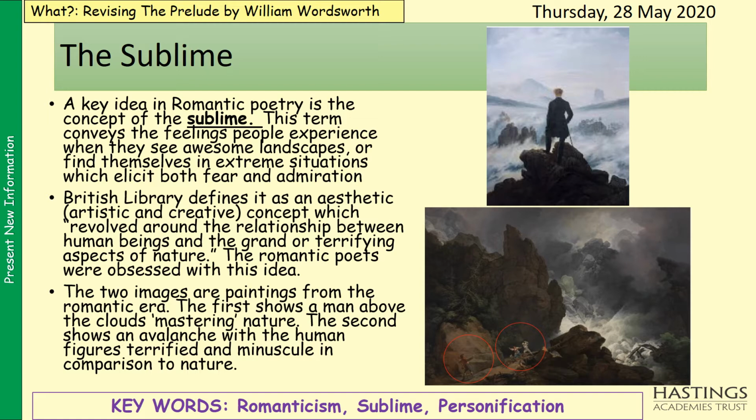Okay, the idea that nature is to be admired and it's magnificent, and also the idea that nature evokes fear and it can be terrifying. So those two ideas of the sublime, of what nature can evoke, are both present in the poem that we're going to read.